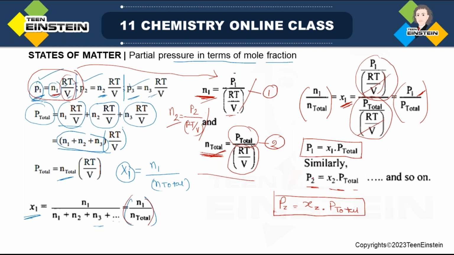Fine. That means this partial pressure is equal to total pressure multiplied by its mole fraction. Or in general, I can say that the partial pressure of a particular component is equal to the mole fraction of that component multiplied by total pressure.